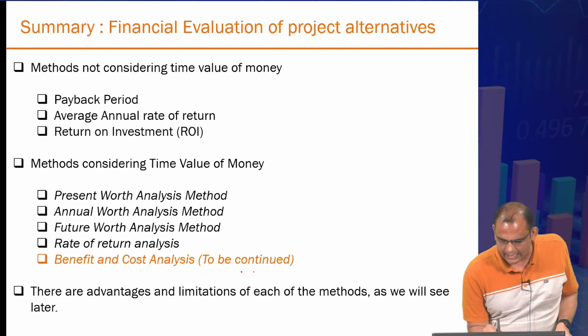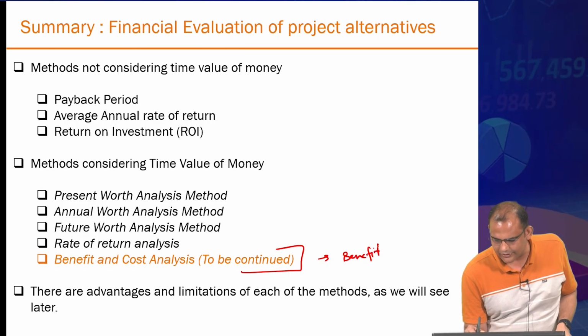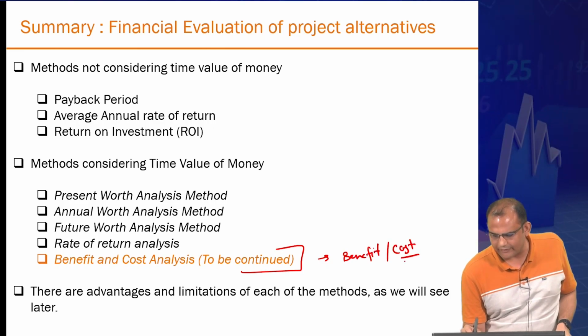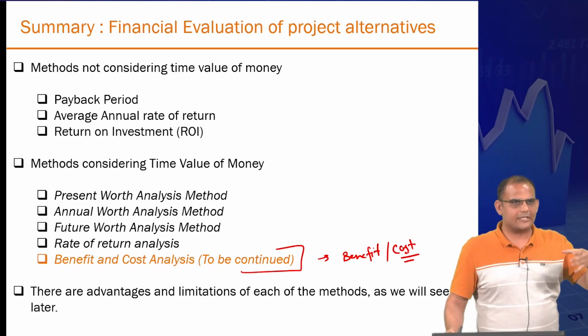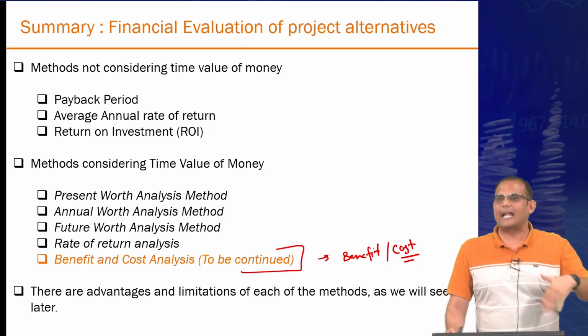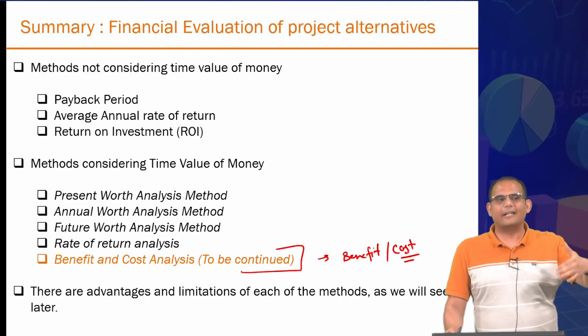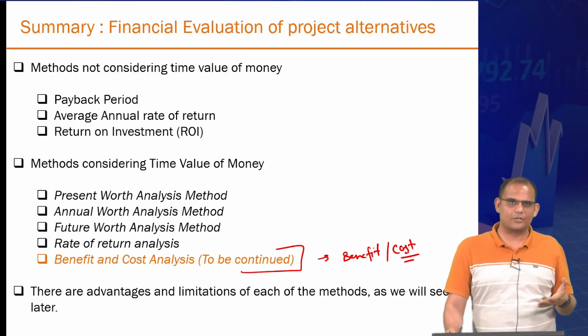So yeah, this is the summary so far, and one more method is remaining. We will start on this from tomorrow, but let me just give you a very brief introduction. So far we have been talking only in pure money terms, but real infrastructure projects also have intangible benefits and intangible costs. For example, when you are creating a road, you are maybe cutting a lot of trees and that has a cost associated.